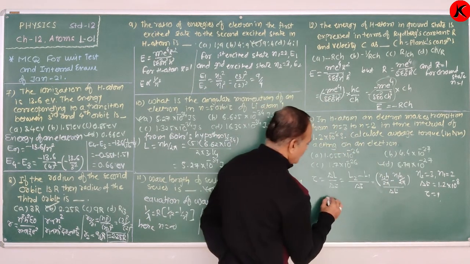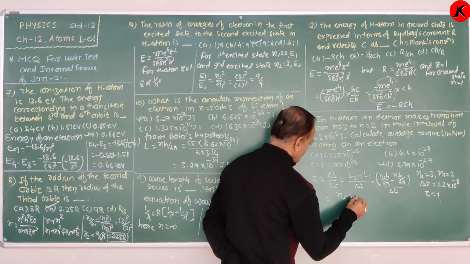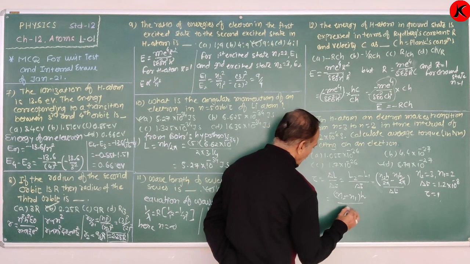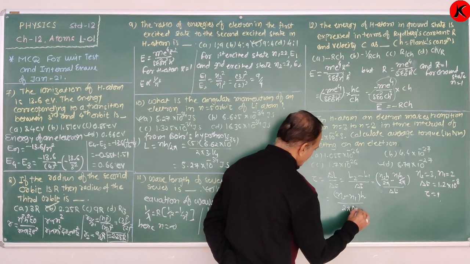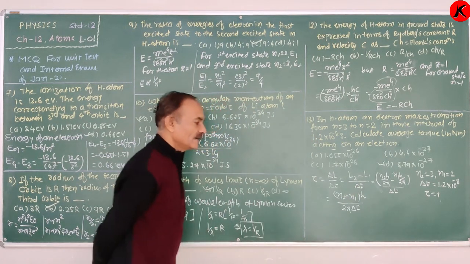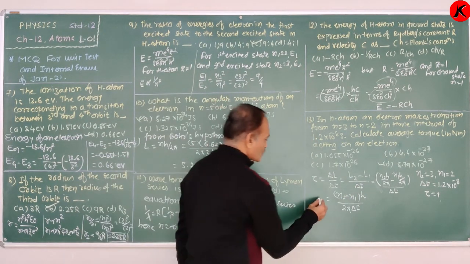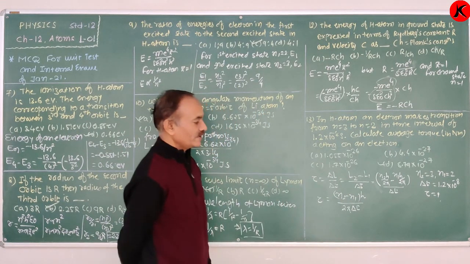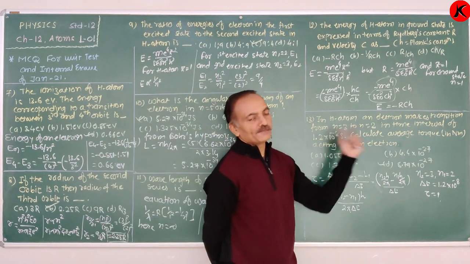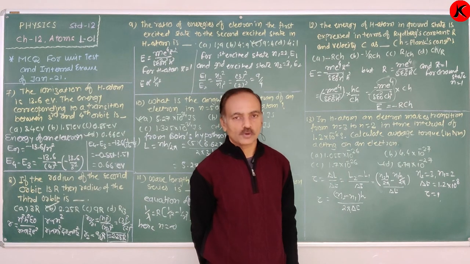Now listen here, (n2 minus n1) h upon 2 pi delta t. That is the average torque acting on an electron when the electron makes the transition from the n2 to the n1 orbit.